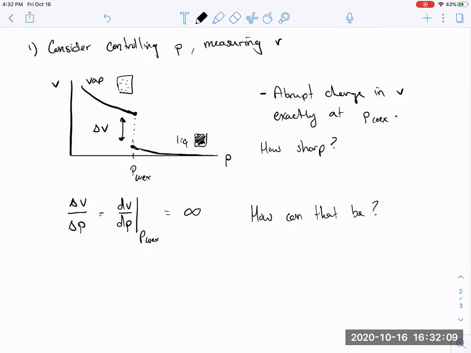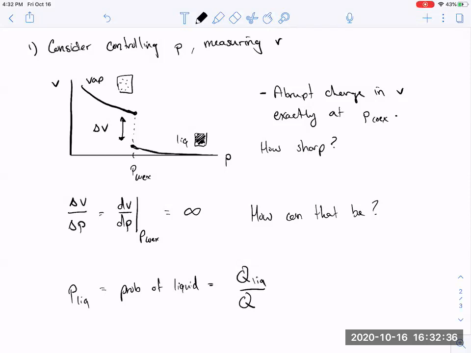If we, for example, considered P_liq to be the probability of observing the liquid state, that probability could be computed from grouping all of the microstates associated with the liquid over all the total microstates in a system. For example, in a canonical ensemble, summing up all those microstates times their Boltzmann factors.